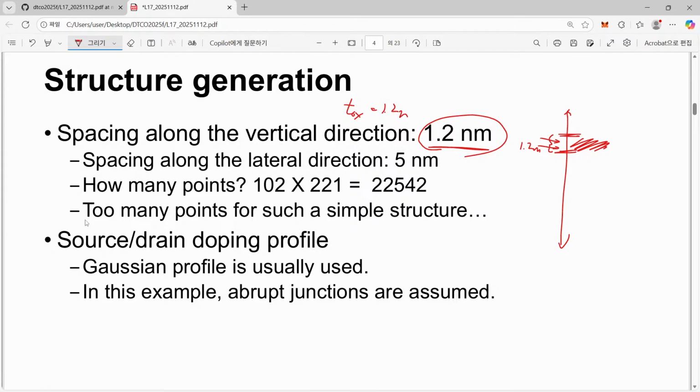And how about the spacing along the lateral direction? Lateral direction here means this horizontal one. In this case, we have used 5 nanometer, and since our channel is just 1000 nanometer, at least for the channel region, we have already assigned 200 intervals along the lateral direction.